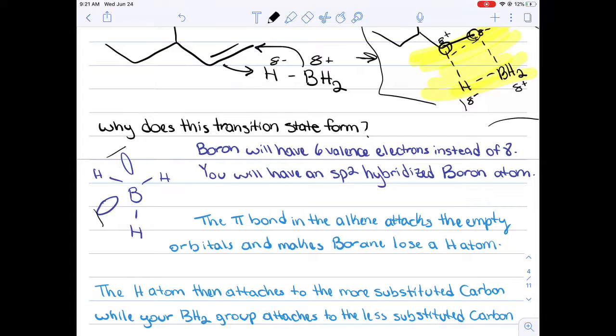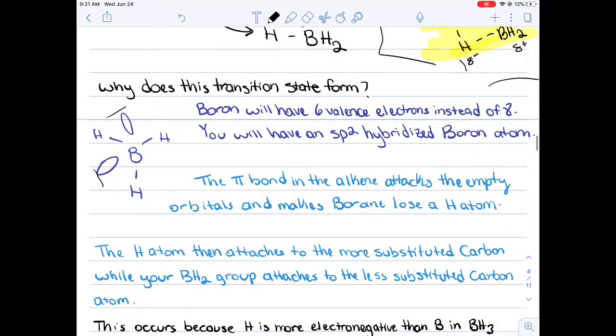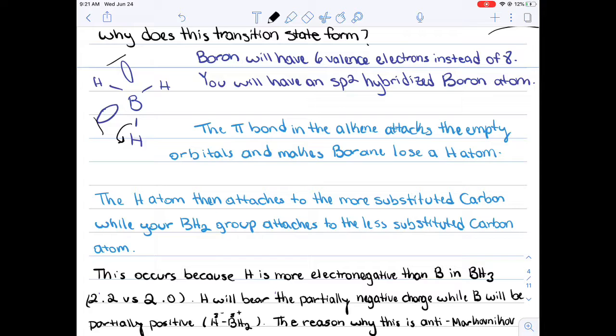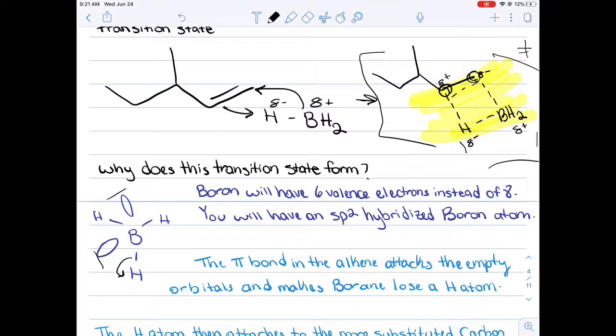And so the pi bond in the alkene is going to attack these unhybridized orbitals. And it's going to make boron lose a hydrogen atom in the process. The hydrogen atom then attaches to the more substituted carbon atom, while your BH2 group is going to attach to the less substituted carbon atom, which is exactly what is occurring in this transition state.